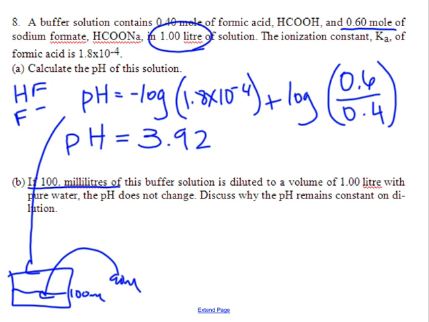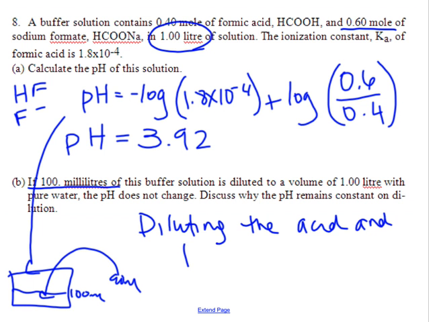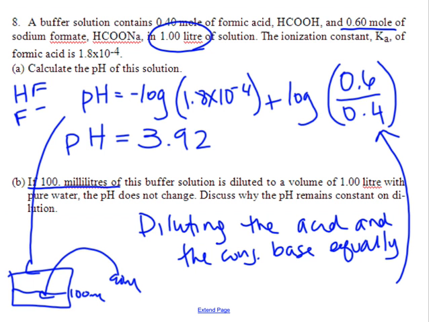Why? It's not changing the ratio. What you can say is you're diluting the acid and the conjugate base equally. You can also write out Henderson-Hasselbalch if you want and point to that ratio and say ratio does not change. Whatever you want to do.